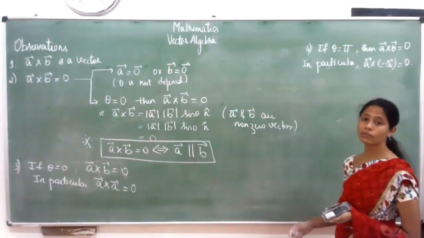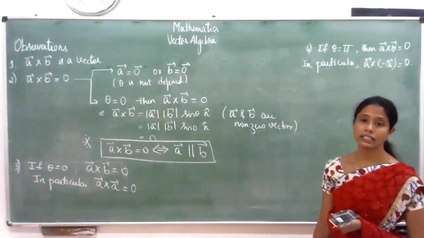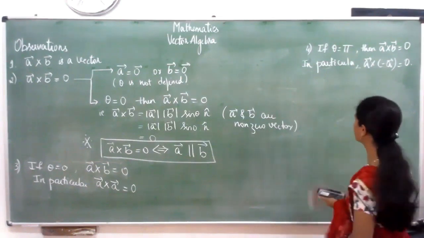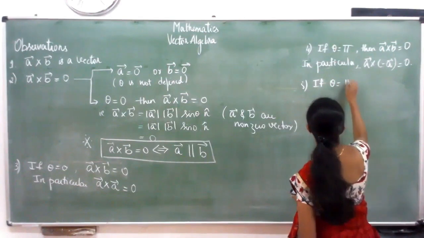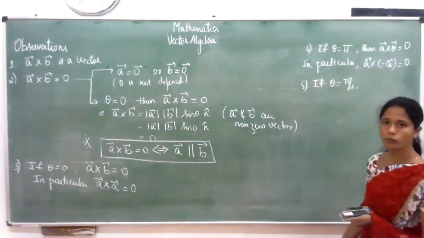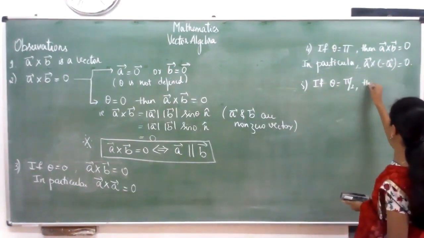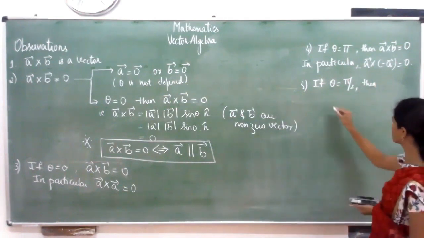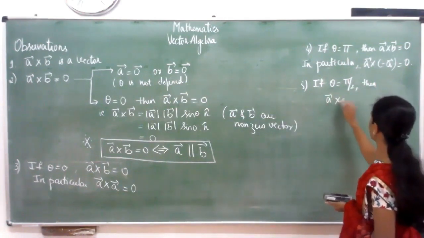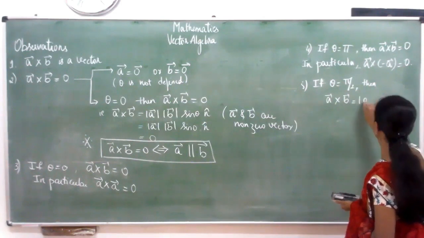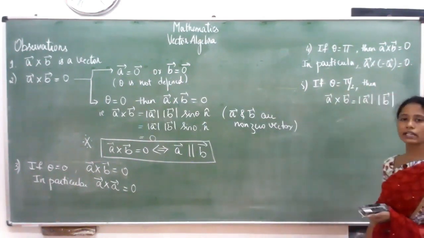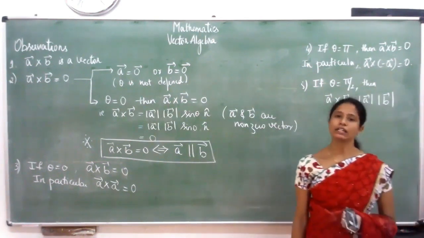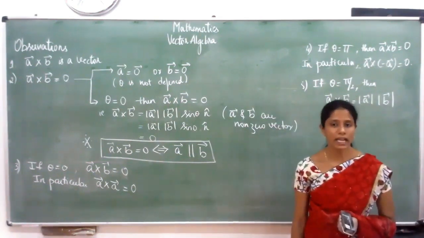Now let us see what happens if I take an angle theta which is equal to pi by 2. If theta is equal to pi by 2, then vector A cross vector B will be equal to magnitude of vector A into magnitude of vector B. Why?